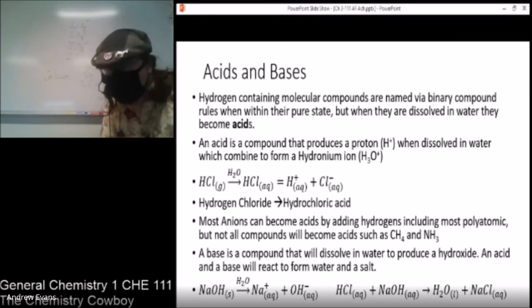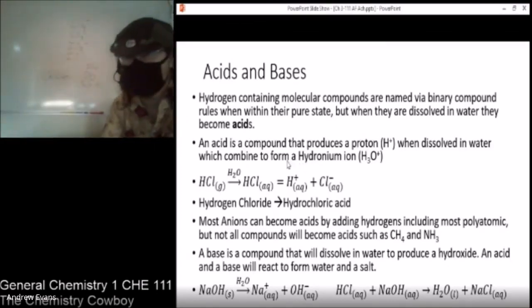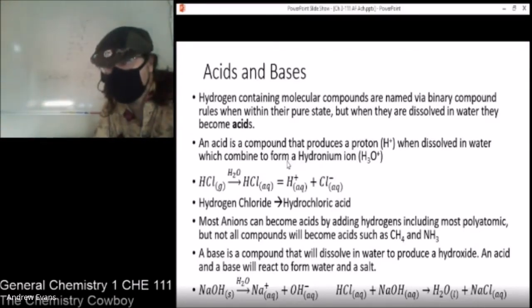Now, most anions can become an acid by adding hydrogen, including most of the polyatomics. But not all the compounds are necessarily acids. So CH4, okay, that was weird. I guess the lights thought there's no one in here, but CH4 is not an acid.